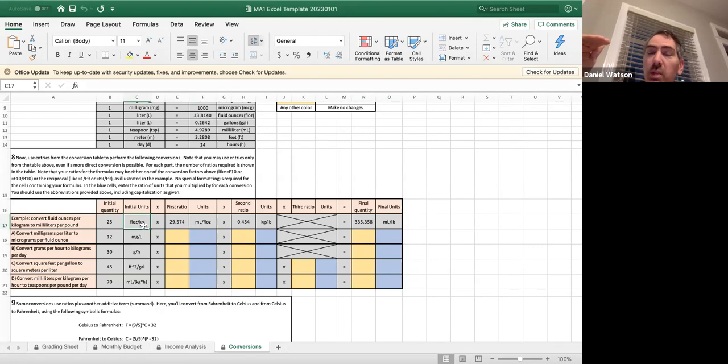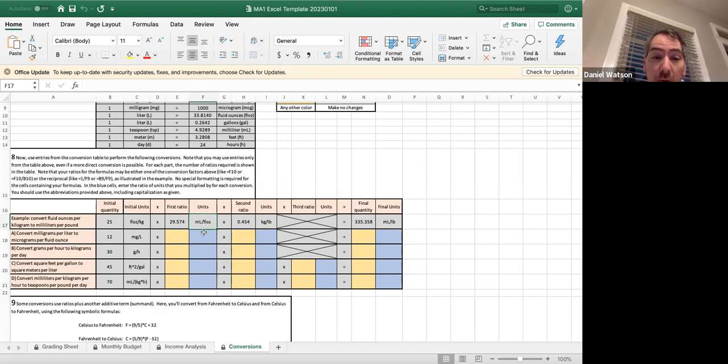We want to get rid of it by dividing fluid ounce by fluid ounce. In other words, we're going to put fluid ounce in the denominator of the unit that we're multiplying by, because the fluid ounce in the numerator and the fluid ounce in the denominator are going to cancel out.